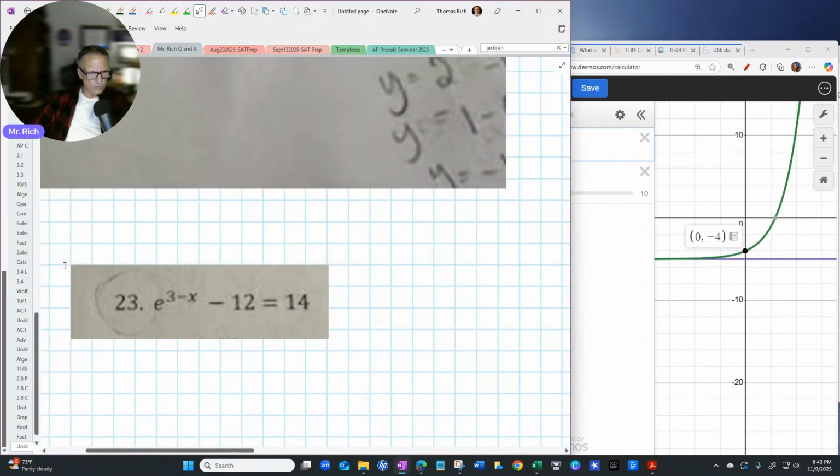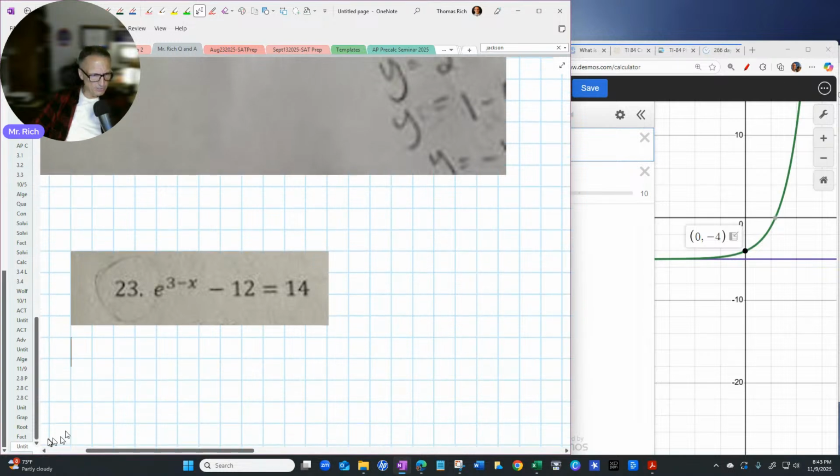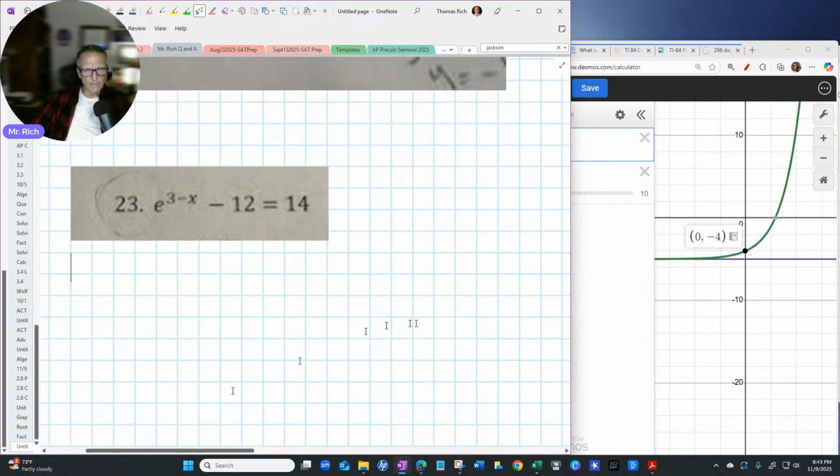Here's the equation that Olivia sent in that I think she wants some help with solving. Okay. And if you are watching and you're one of my students and you have questions, send them in now to the email address that you know for me, and we can cover those. If not, this is going to be our last problem of the night.